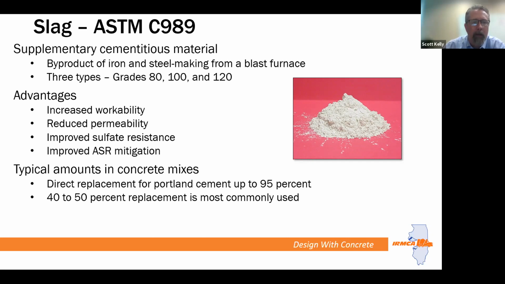Typical amounts in concrete mixes are a direct replacement for Portland cement of up to 95% in extreme cases, especially for higher strength concrete mixes at later ages and massive concrete structures. But 40 to 50%, even 25 to 50%, is most commonly used.